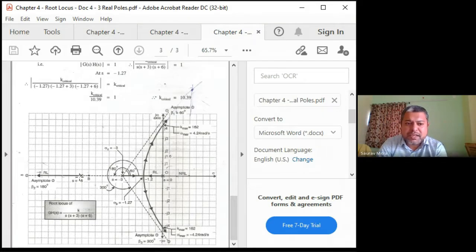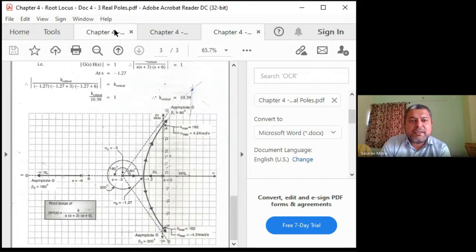One path starts from minus 6 to minus infinity. Another path is 0 to minus 1.27; initially it is stable, relative stability decreases, at 162 relative stability is lowest, and after that the system becomes unstable. Another path starts from minus 3, comes to minus 1.27 and goes below to the negative.